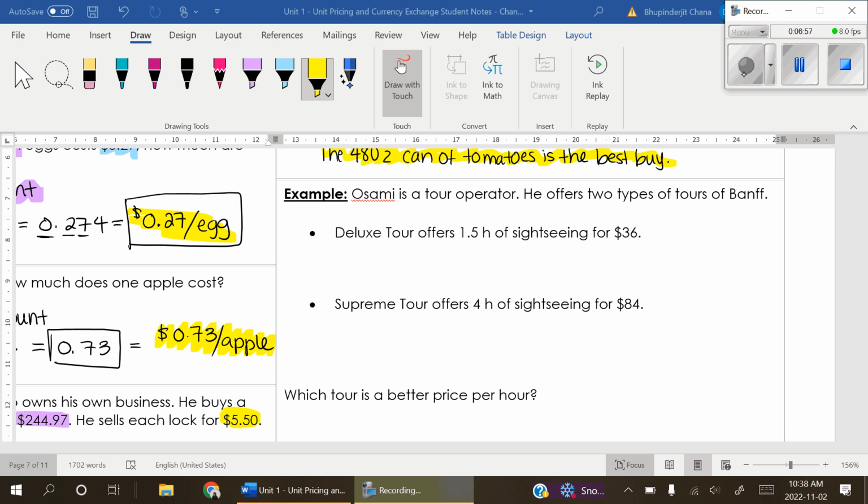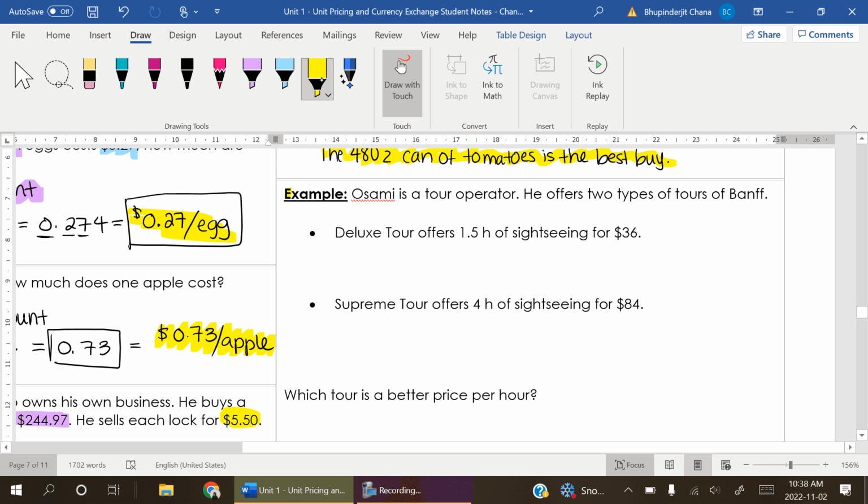Let's take a look at another example here. So the example here says that Ozami is a tour operator and offers 2 types of tours in Banff. We have the deluxe tour, which goes for 1.5 hours for $36. And then we have the Supreme tour, which goes for 4 hours for $84.